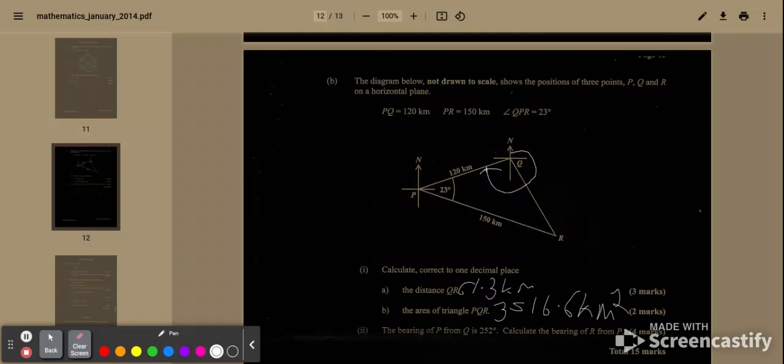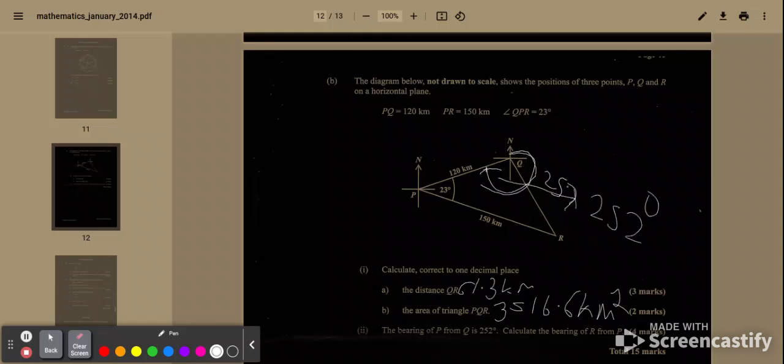We drew the angle in a clockwise direction because bearings always come from a clockwise direction. Now, being that they're giving us this information, what they want us to do is to find the bearing of R from P. So we know that this entire angle here is 252 degrees.